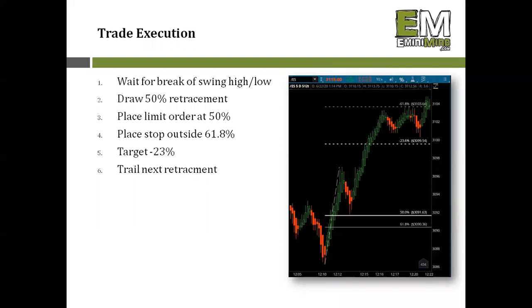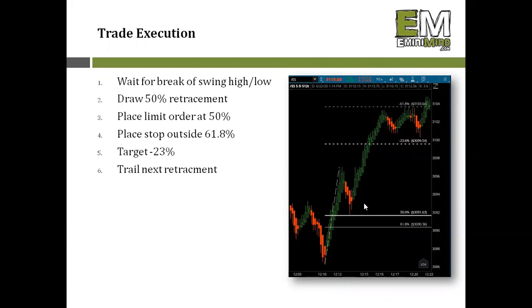From there, you could trail the next retracement by taking the next swing low to swing high and putting your stop under that 61.8. You could also trail the swing lows, or swing highs if it was a short. That way you're letting the market pull back, and once it makes a new high and a higher low, you have an opportunity to tighten your stop.